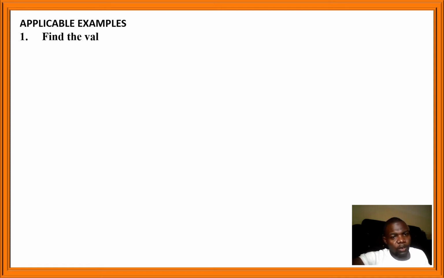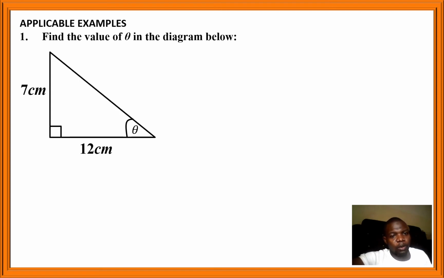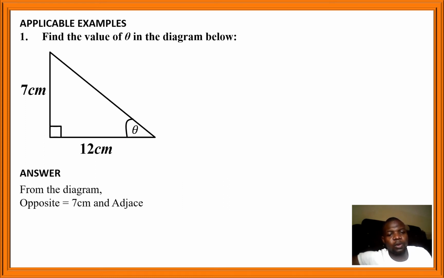For example 1, if you are asked to find the value of theta in this particular diagram, we'll see that in order to find the value of theta, with respect to the position of the angle theta, the opposite will be known, which is 7 centimeters, and the adjacent is 12 centimeters.